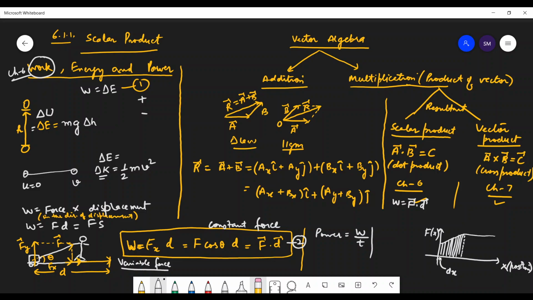It means sum of all these infinite strips. One of the strips has the area F dot dx. So I'm adding all these strips so that I'll get the work done from here to here.